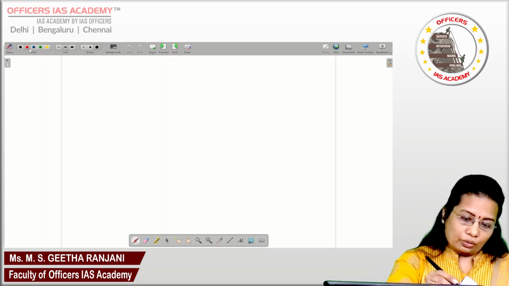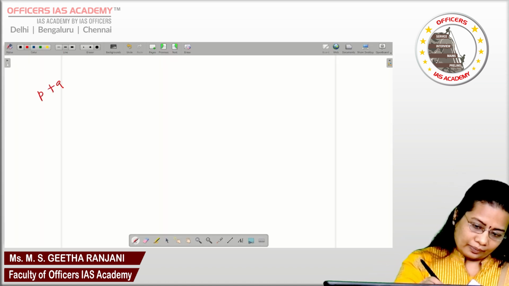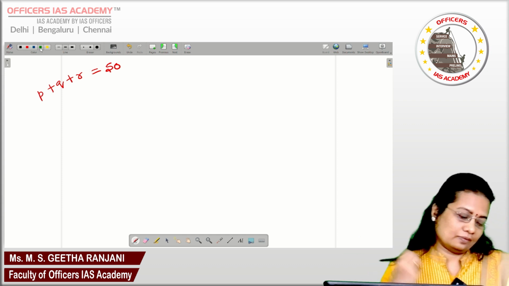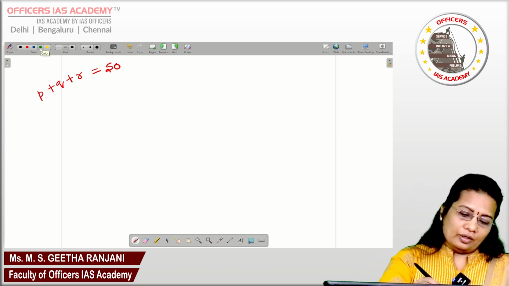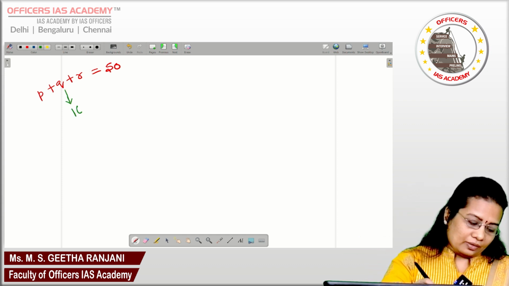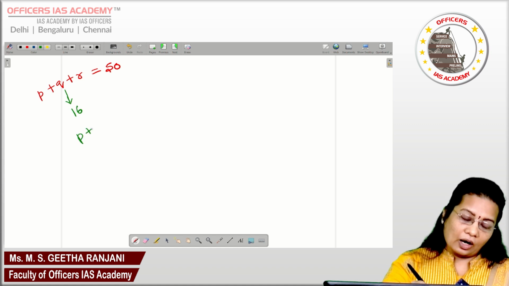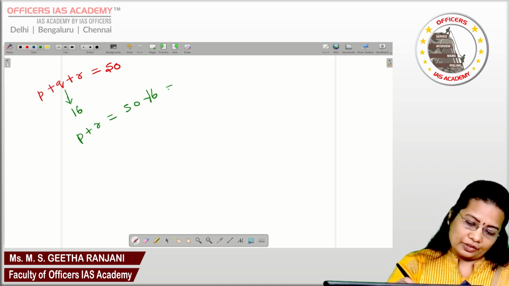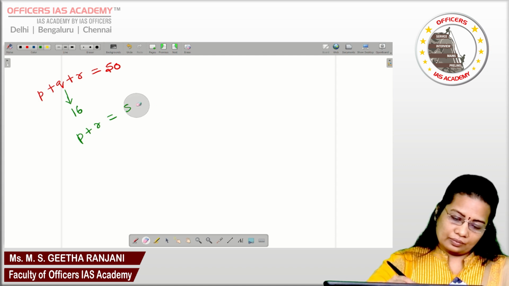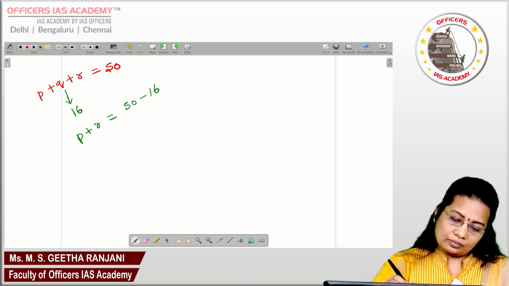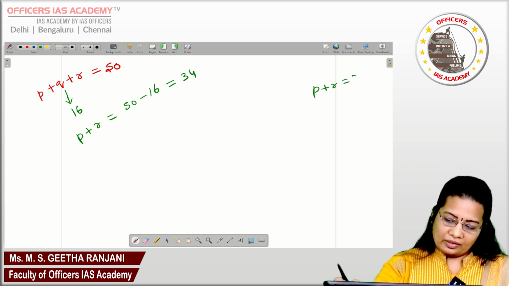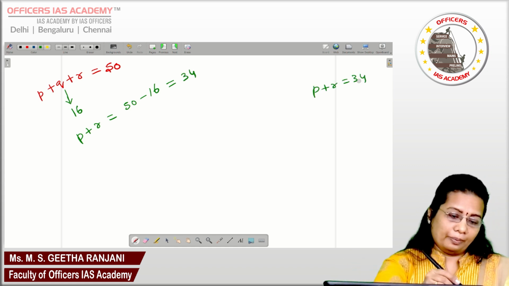So the total articles bought are P, Q, R. The total cost is rupees 50, and given the value of Q is rupees 16, P plus R will become 50 minus 16, which is equal to 34.